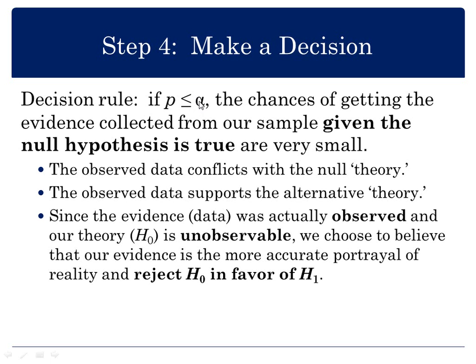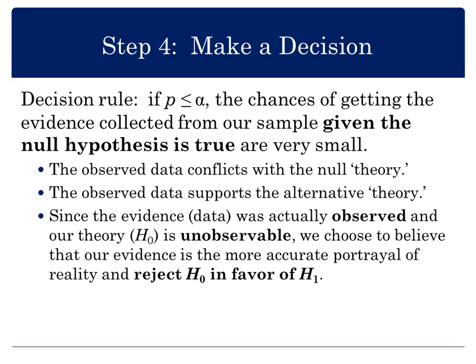We've talked about why alpha shouldn't be 0.05 in certain circumstances, but let's assume that it's 0.05 because that's the general rule. If your p-value is 0.05 or less, all that means is that the chances of getting the evidence that you collected from your sample, given the null hypothesis is actually true, are really very small. They're less than 5%. In English, your observed data conflicts with that null theory.